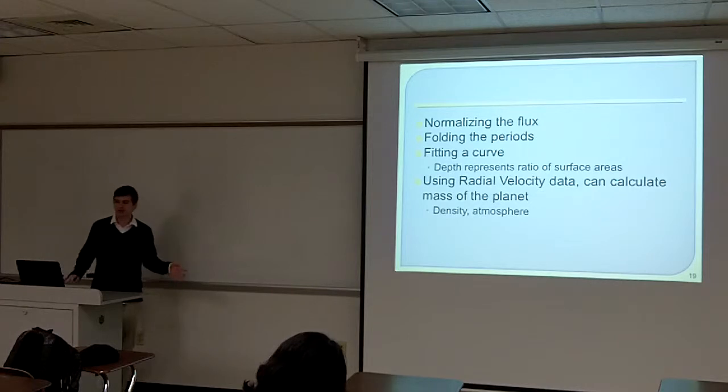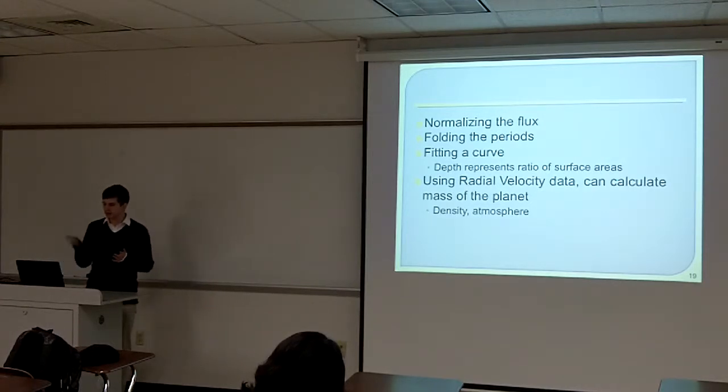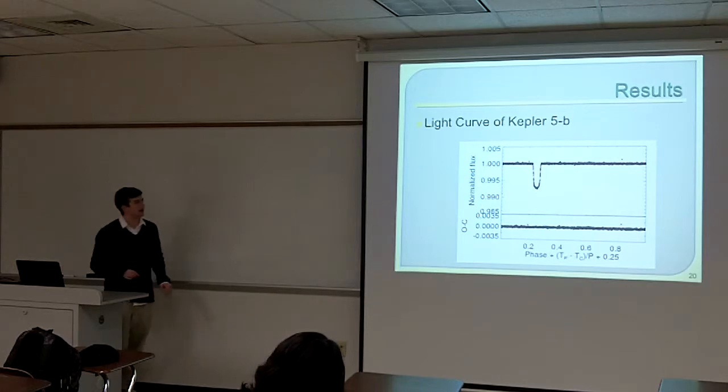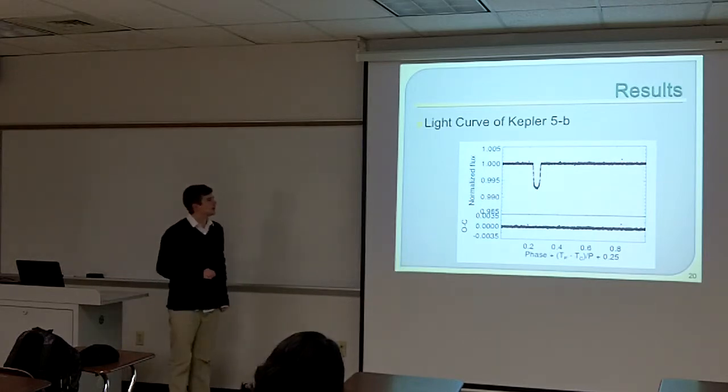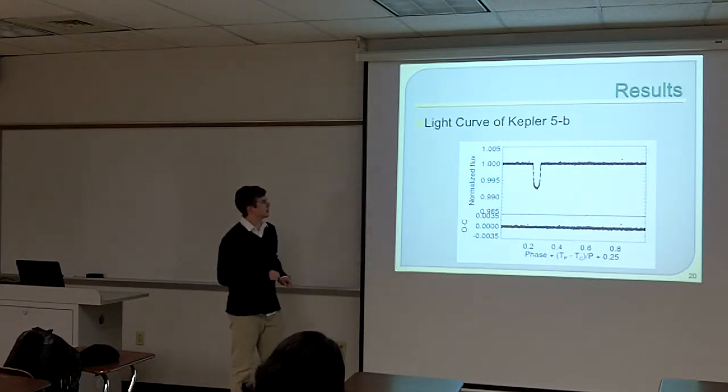So once we've normalized the flux, we can then fold the periods together and fit a curve to this planet transit. From there, we can then analyze various features about it. And here we have that final plot, which shows us our lovely U curve for Kepler 5b.